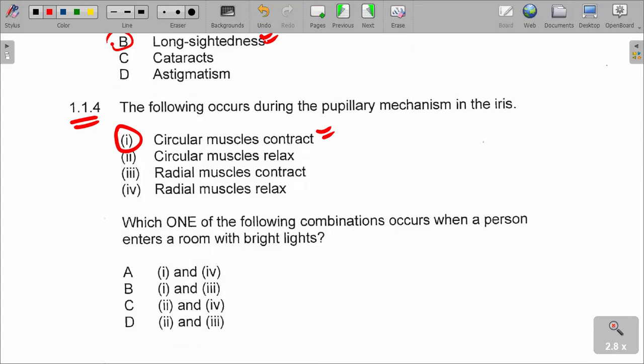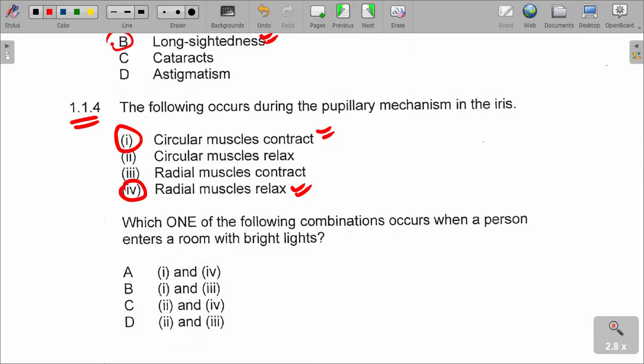And also the radial muscles must relax. I have even labeled them because sometimes you find questions where you are asked to identify the radial and the circular muscles. What is happening when these adjustments take place is also explained on our channel.